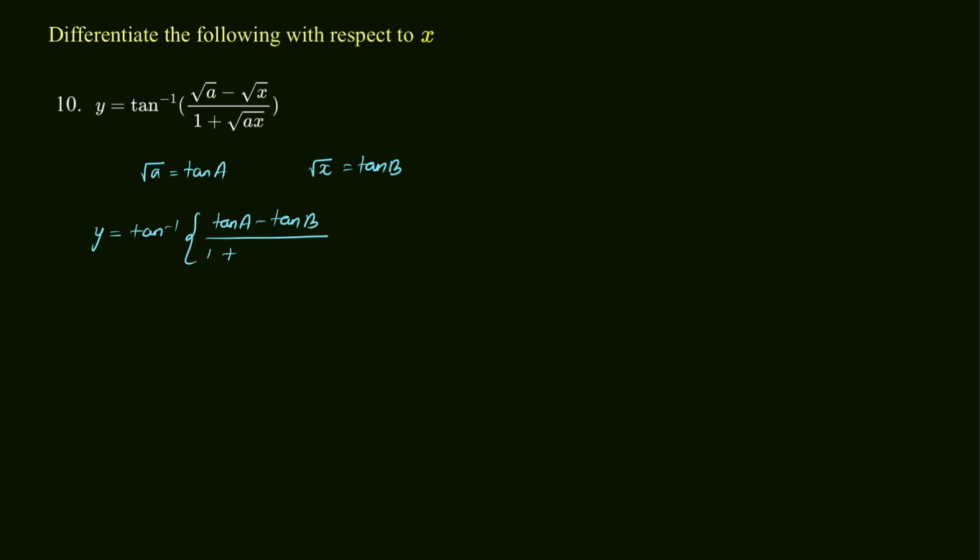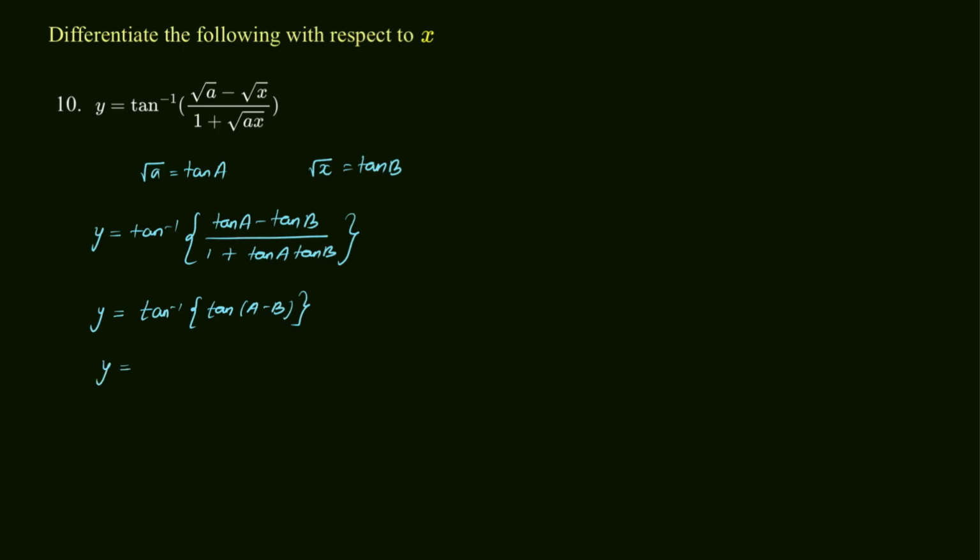That's why it will be tan A minus tan B over 1 plus tan A into tan B. Now this is in the formula of tan of A minus B. Hence I can write all of this as tan of A minus B.